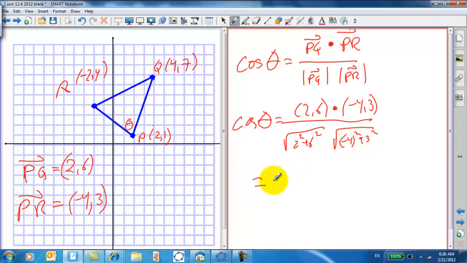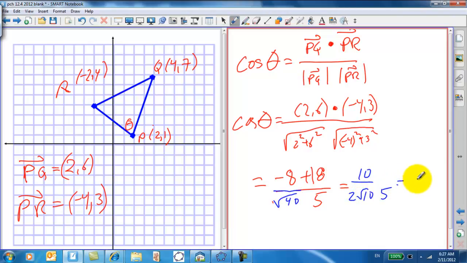So up on top, the dot product ends up being negative 8 plus 18, all over the square root of 40 times the square root of 25. So we get 10 over the square root of 40, which is 2 square roots of 10, and you end up with 1 over the square root of 10.